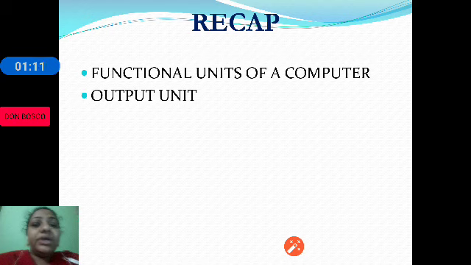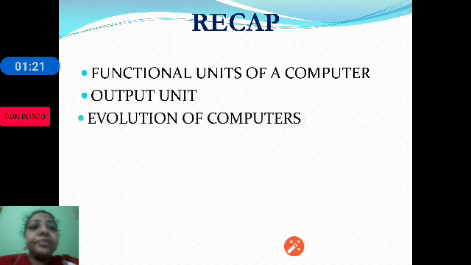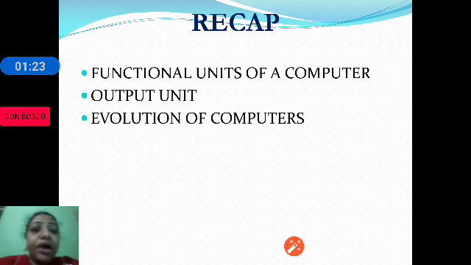Along with that we also had a discussion on output devices or output unit, which includes monitors, plotters, speakers, printers, etc. We discussed how computers evolved and the various machines which were used in earlier days or ancient days.